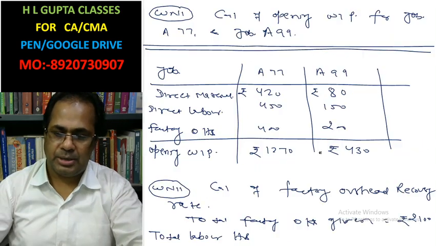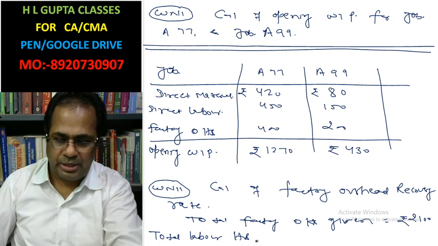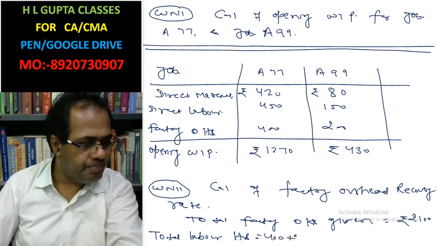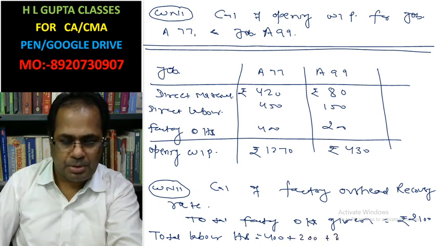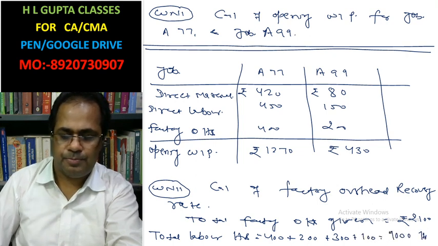The labor hours we have are 400 plus 200 plus 300 plus 100, which is 1000 hours.